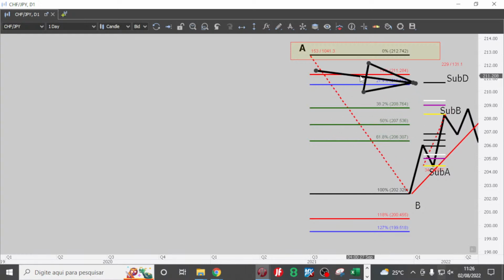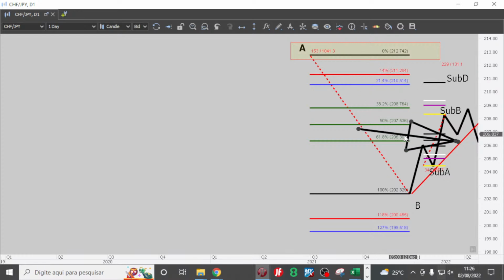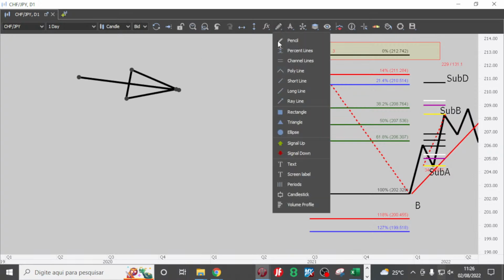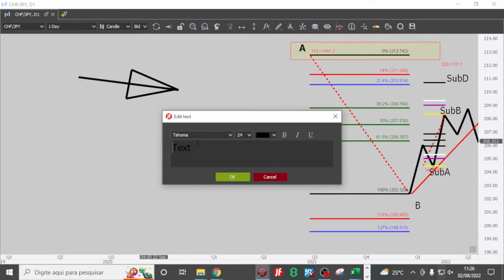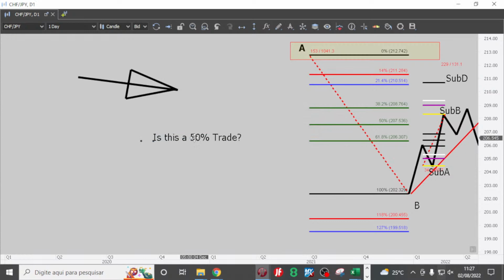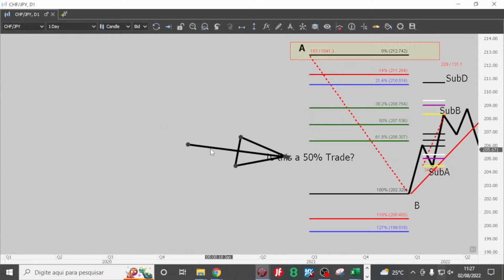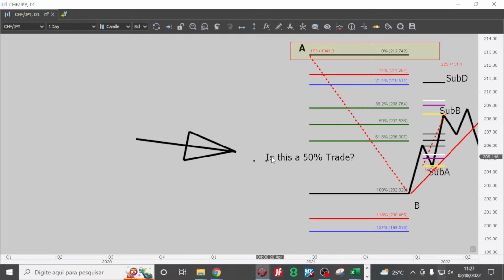Dancy says inside, exactly. So even though I can short the market based on the Fibonacci rules, is this a 50% trade? Or is this an 80% rate? Based on the rules of the Fibonacci sequence, I'm going to short the market.